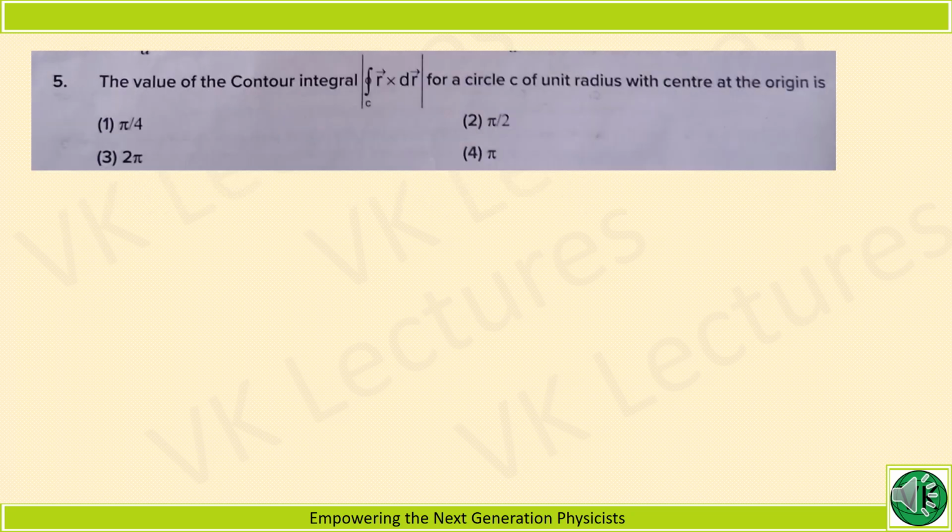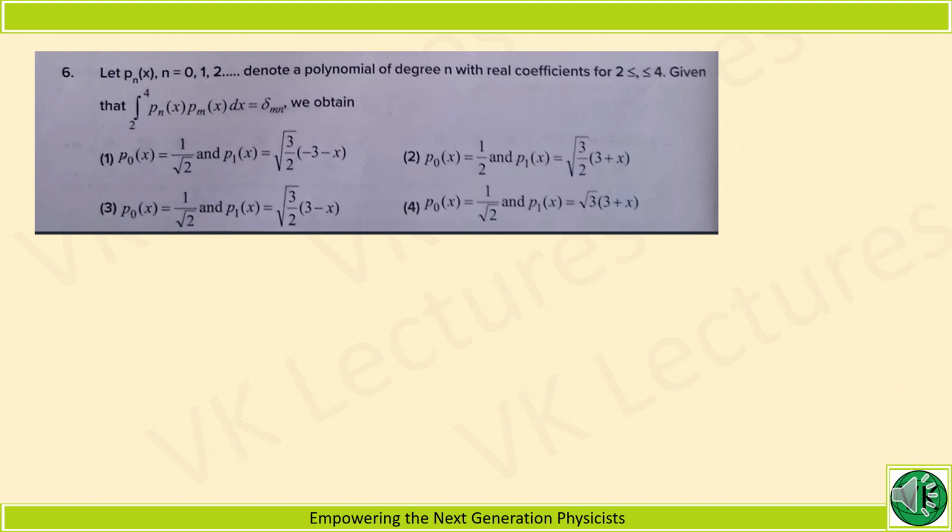The value of the contour integral r cross dr for circle C of unit radius with center at the origin. Answer is option 3, 2 pi. Let Pn of x, n equal to 0, 1, 2, denote the polynomial of degree n with real coefficients for 2 less than or equal to x less than or equal to 4.